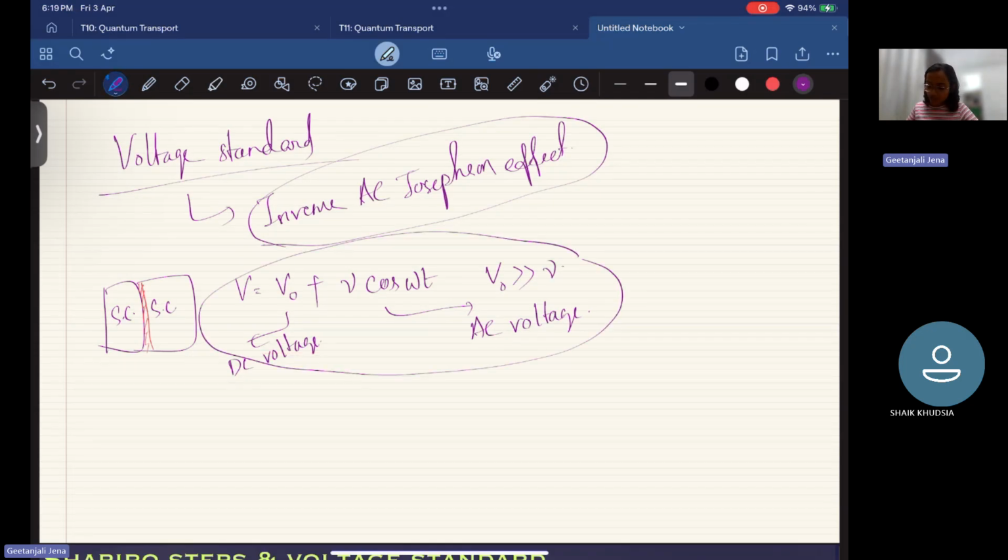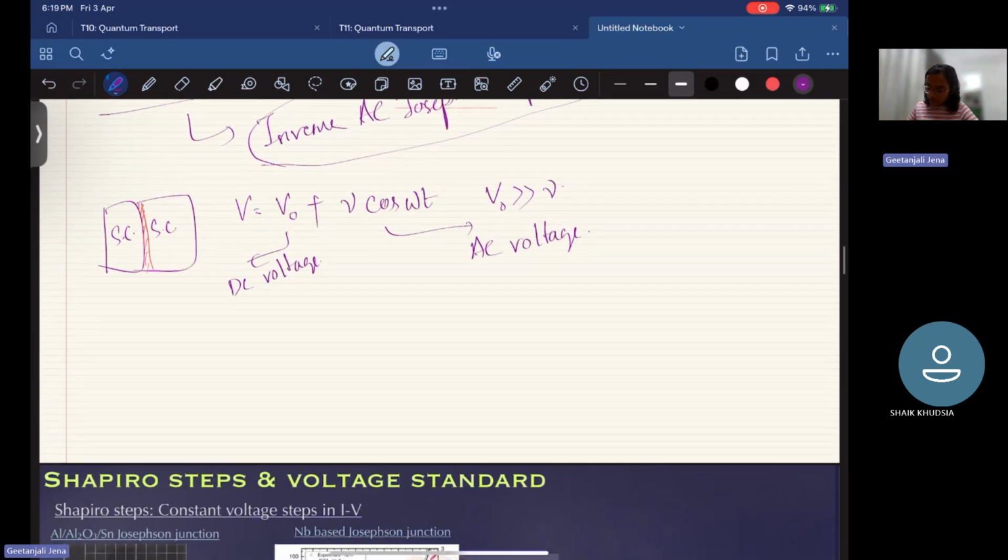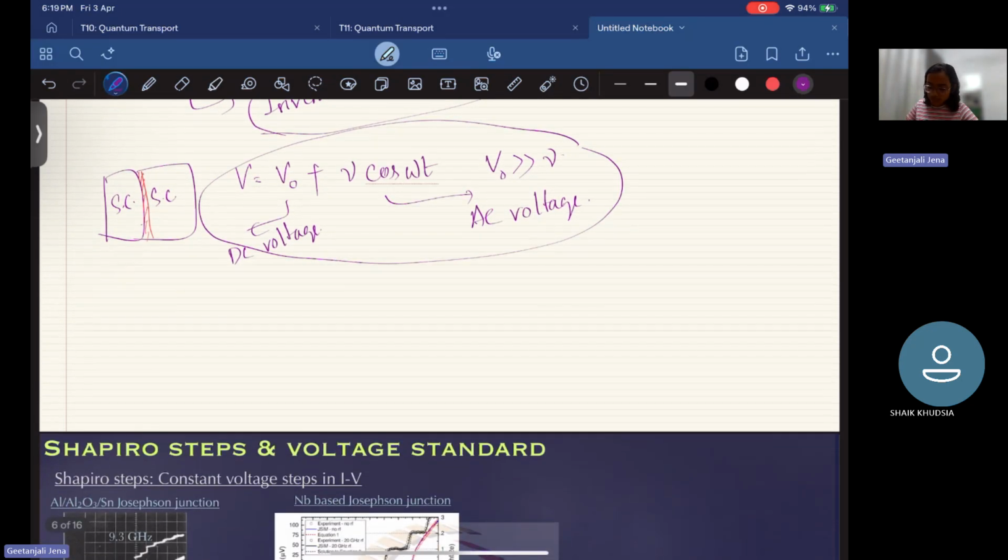Whenever we apply both AC and DC voltage, we have seen that the current through this Josephson junction is non-zero when the angular frequency omega is n q Vn by h bar.